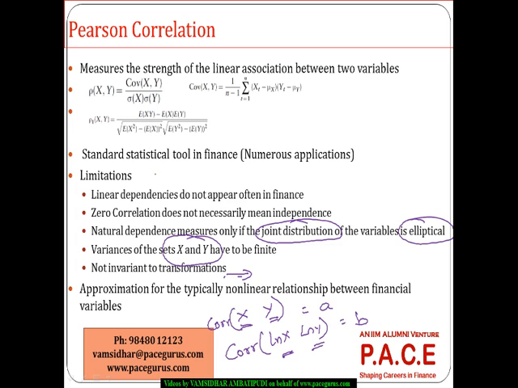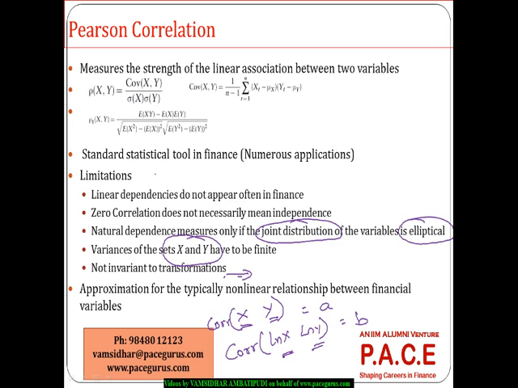The correlations are changing. That is what I typically say. It is not invariant to transformation. But in some cases, I need the correlation to be the same even after the transformation, because it's a relationship between the two variables.